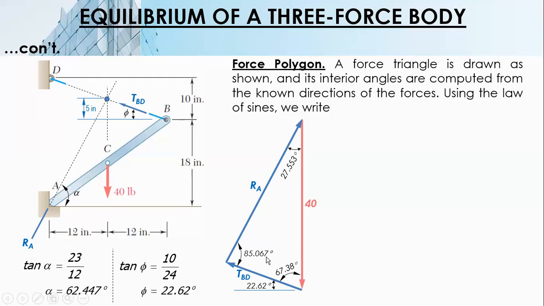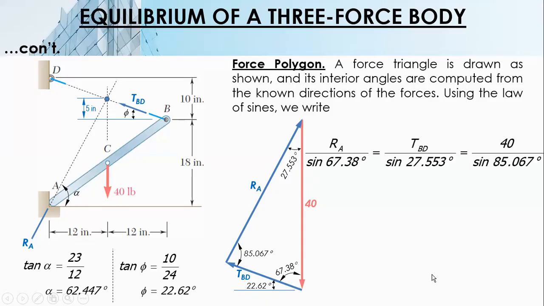Or simply, 180 minus this one and this one. Using the law of sines: RA over sine 67.38 equals TBD over sine 27.553 equals 40 over sine 85.067.